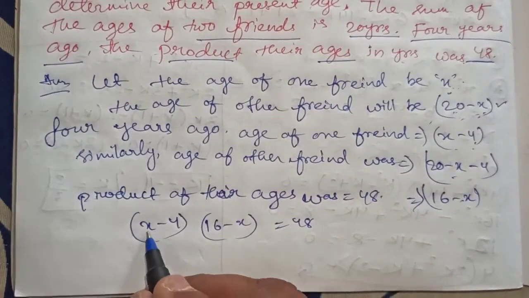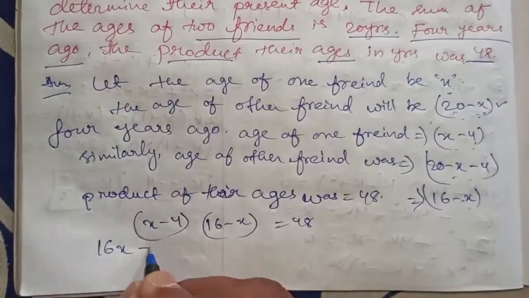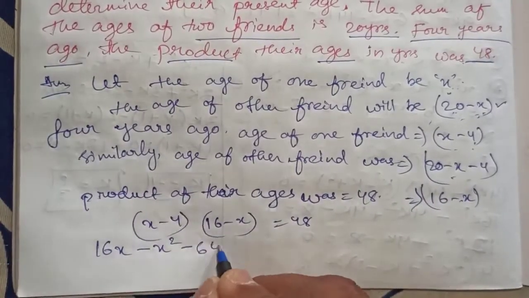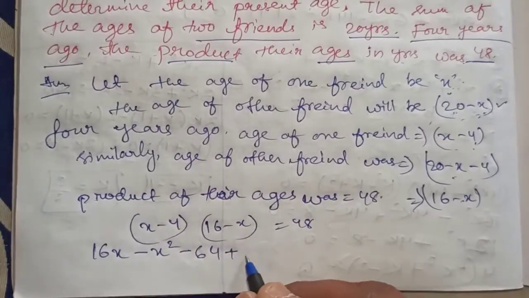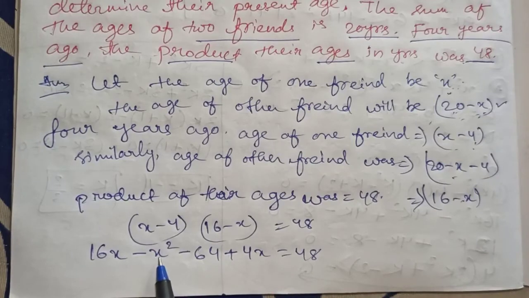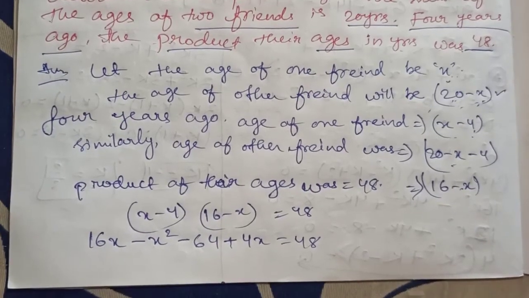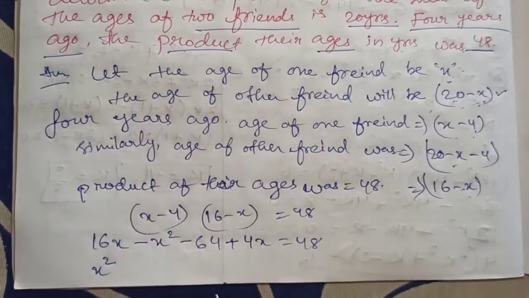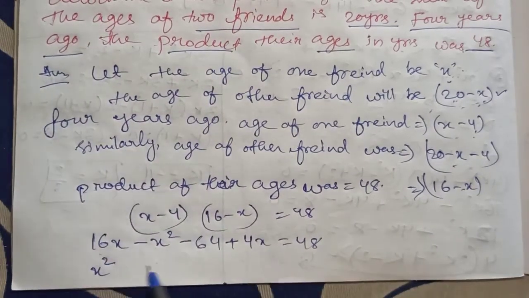Now open the bracket and multiply. x into 16 is 16x, minus x into x is x square, minus 4 into 16 is 64, minus minus plus 4 into x, 4x, equals 48. Bring all the terms this side, because x square is in negative sign. Convert it into positive sign, so it becomes plus x square. 16 plus 4x is 20x.